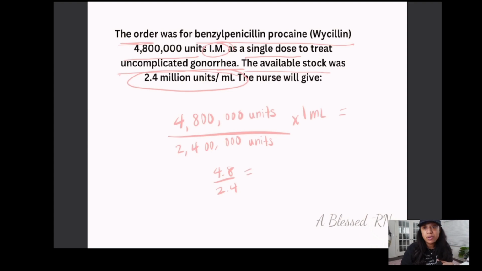And what is that going to equal? So 2 times 1 will equal 2 milliliters. So that's how much this patient is going to get.